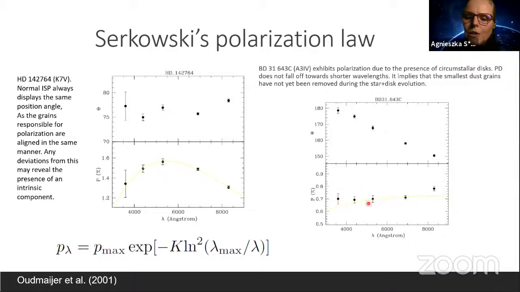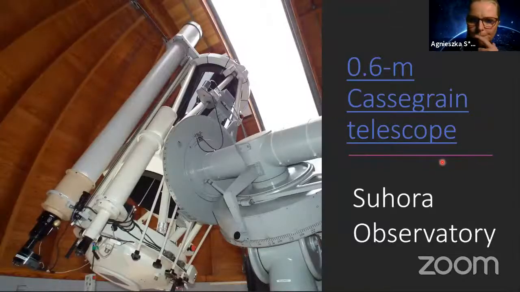So this shows that there are still a lot of very small, tiny grains that scatter the blue light a lot. Therefore, you have a much higher contribution to the polarization degree from that scattered light. And you also see that there are big changes in the position angle as a function of wavelength. Therefore, multi-wavelength polarimetry is a very useful tool to disentangle between the ISM polarization and the intrinsic polarization of the target.